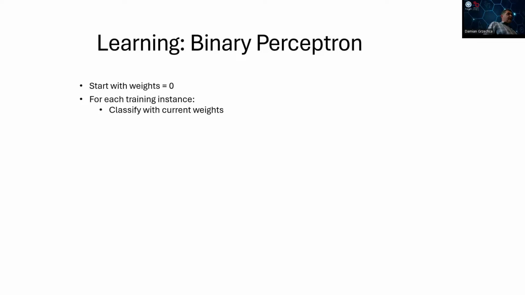We can start the process with weights equal to 0. It can be like that, but usually we just assign random numbers, random weights. For each training instance, classify it with the current weights. So that's what I said a moment ago.